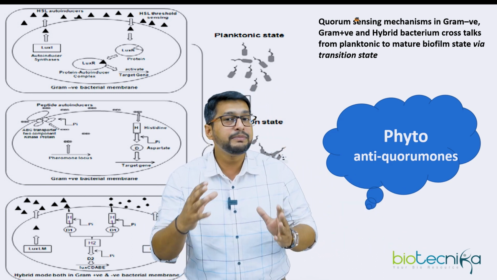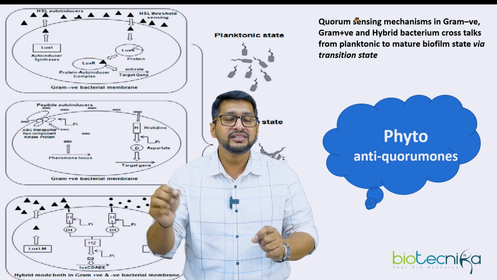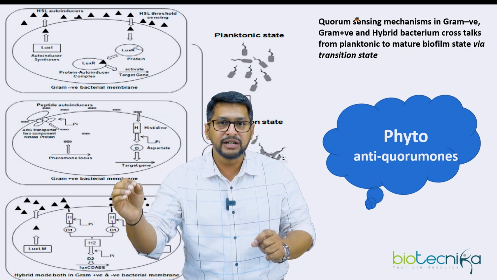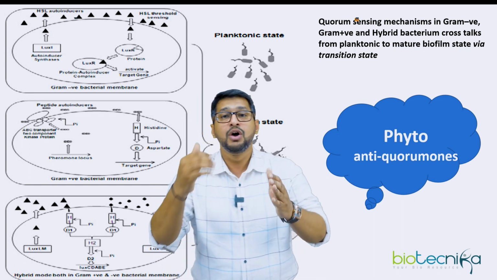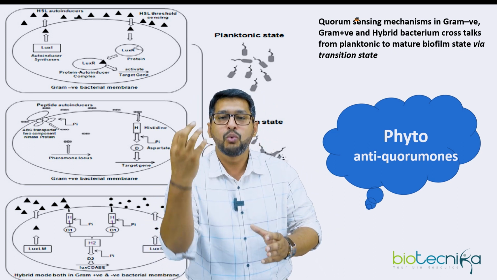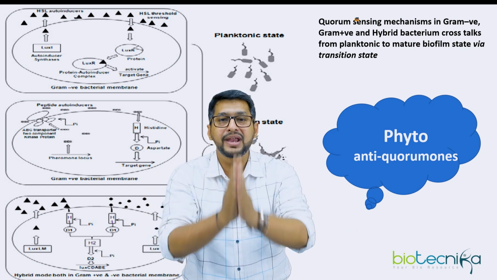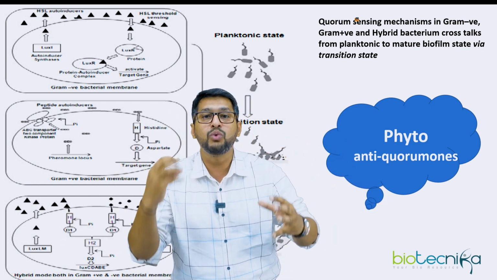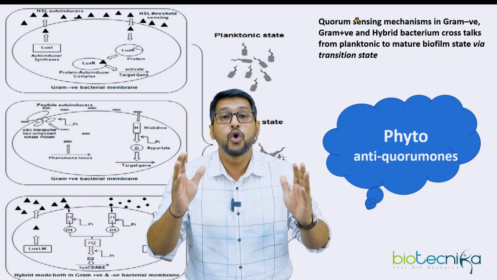However, if I'm planning for a bacteriostatic activity, then the other strategy is to take a ligand molecule and inhibit the formation of the EPS. Once I inhibit the formation of EPS, one bacterium cannot communicate with another bacterium, and that is how I break the communication between bacteria. This kind of communication is called quorum sensing.